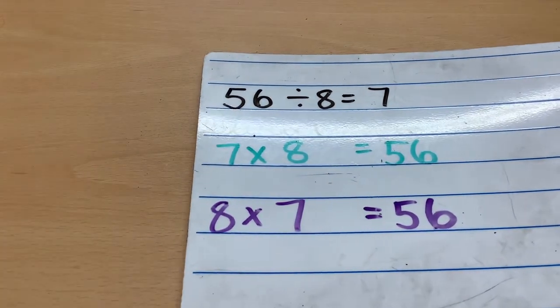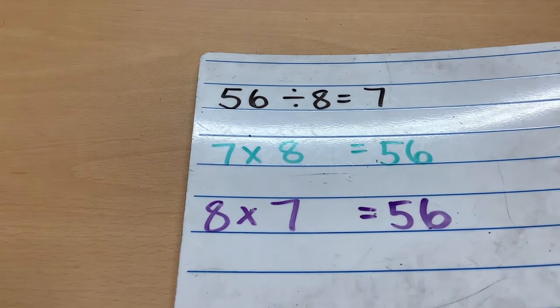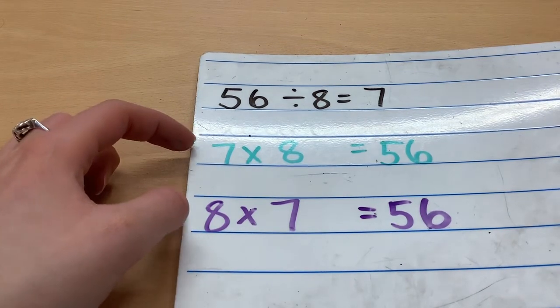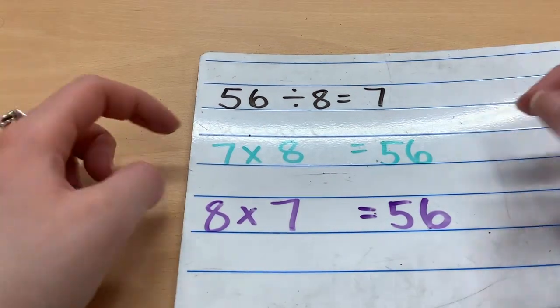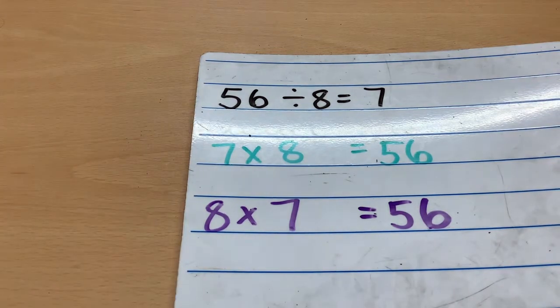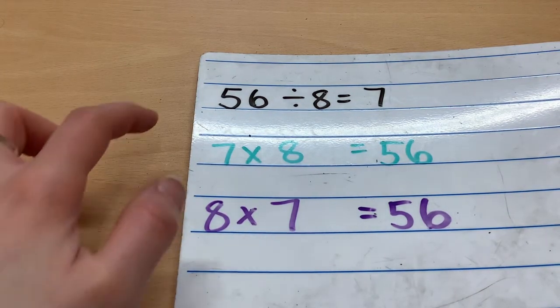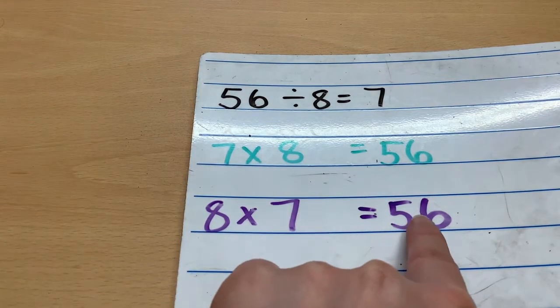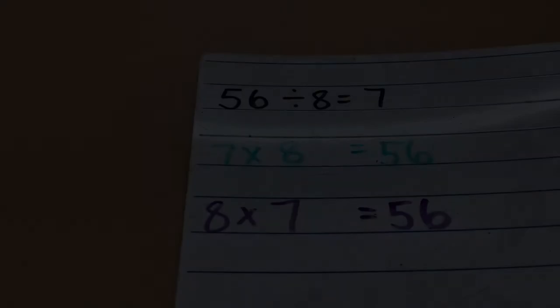Can you see, just like when we had to add to do the opposite of subtraction, we're using the same two numbers in this part of the equation and the answer stays the same. That's because when we multiply, we have commutativity. It doesn't matter what order these two numbers are in, you will get the same product.